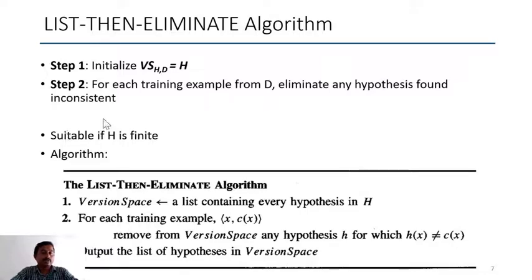So we are explicitly enumerating all the hypotheses, right? So it is suitable only if H is finite. The algorithm is very simple.